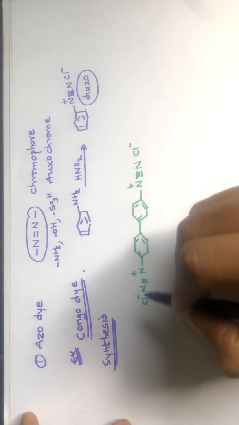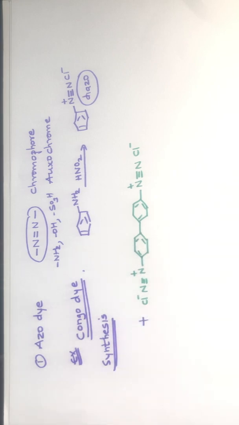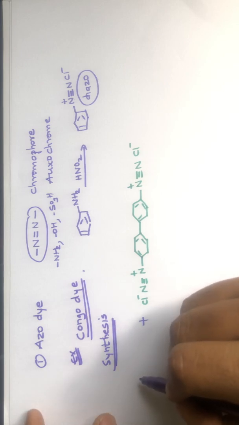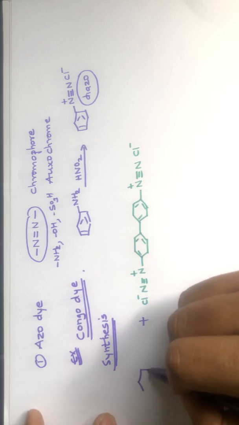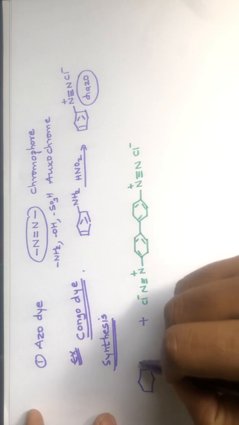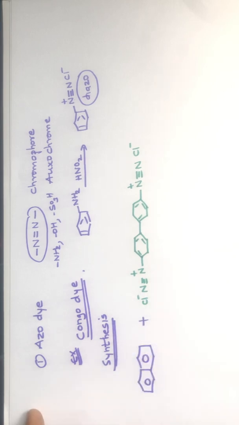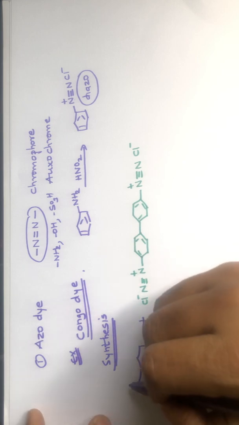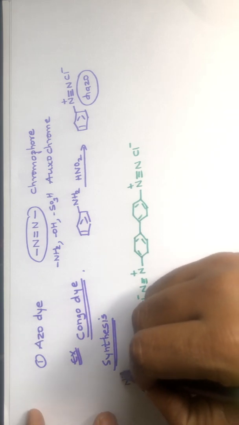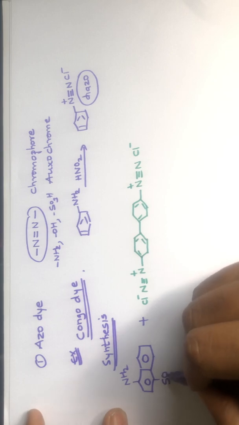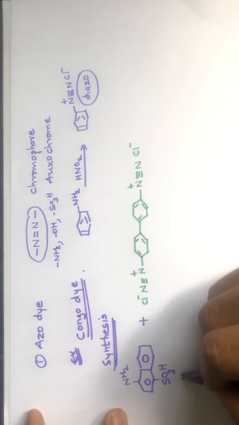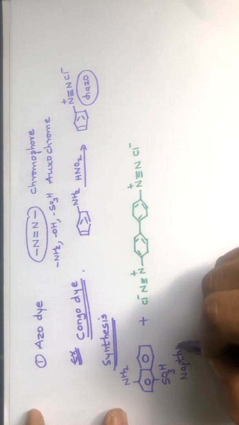This, when treated with naphthenic acid, I will tell you about naphthenic acid. What is this naphthenic acid? This is naphthalene, you know this, with NH2 and SO3H. This is naphthenic acid.